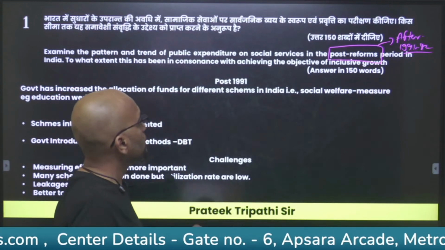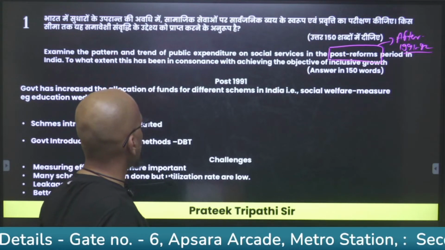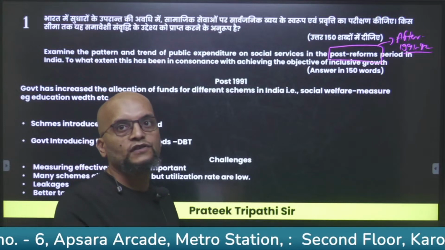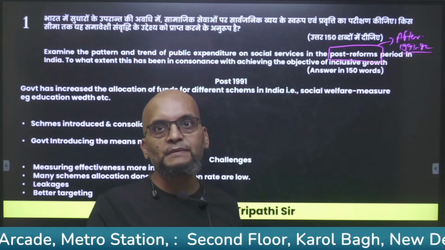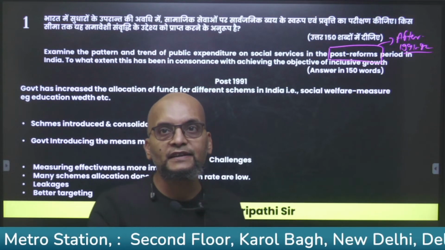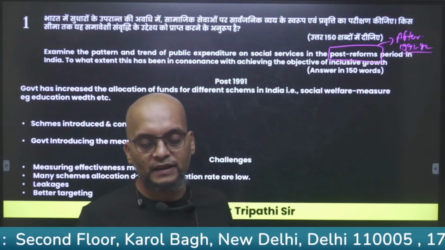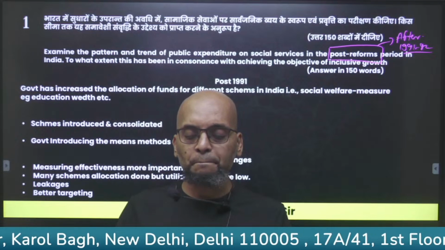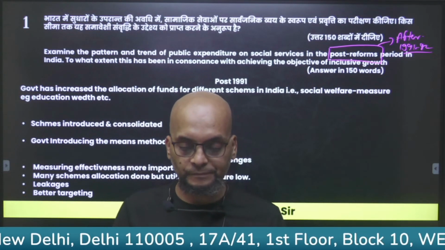Fine. In India, to what extent this has been in consonance with achieving the objective of inclusive growth? Now we have to understand that they are asking us about the pattern sufficient for inclusive growth.